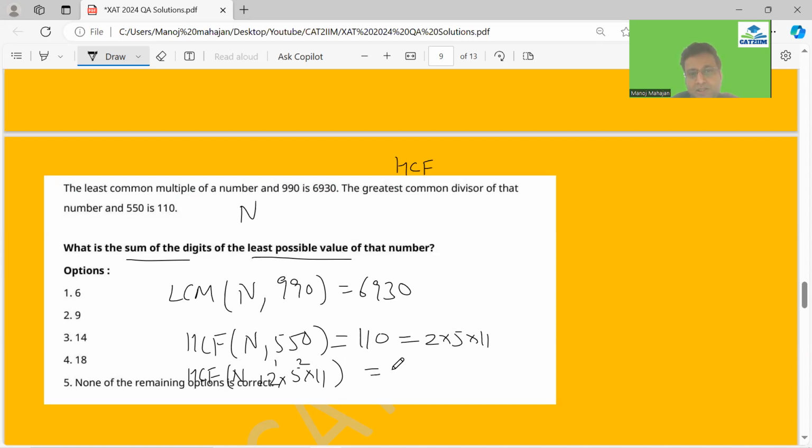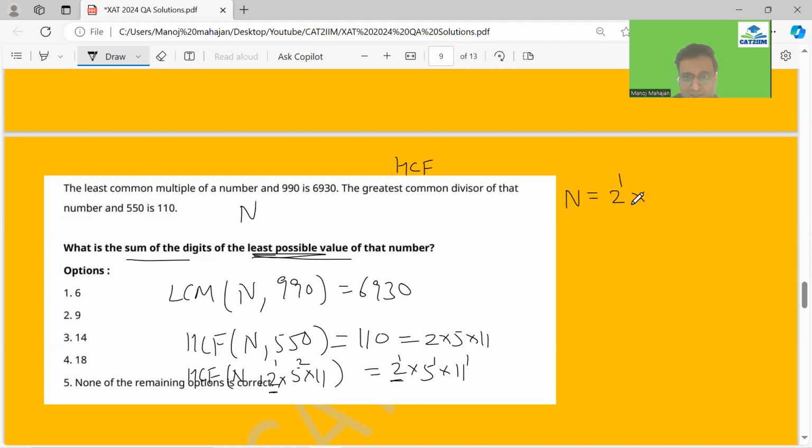And in the HCF also we have 2 to the power of 1. So definitely for the HCF we go for the lower power. So the number n, if I look over here, should start with 2 to the power of 1. It can have more powers also, 2 square, 2 cube and so on. And still in the HCF you'll have 2 to the power 1, because over here you have 2 to the power 1. But I want the least possible value.